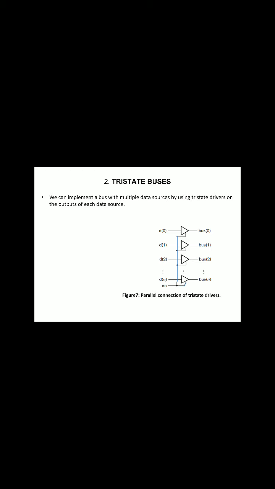Imagine there's another tri-state bus, two tri-state buses, and then another enable signal comes into the picture. When these two enable signals differ at some time, there will be data loss.